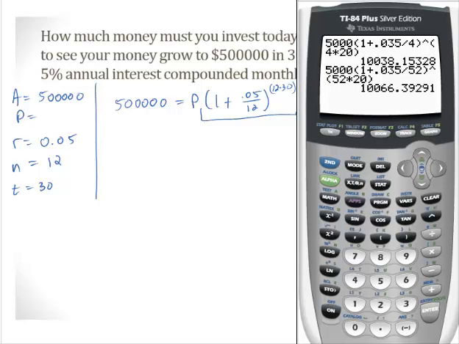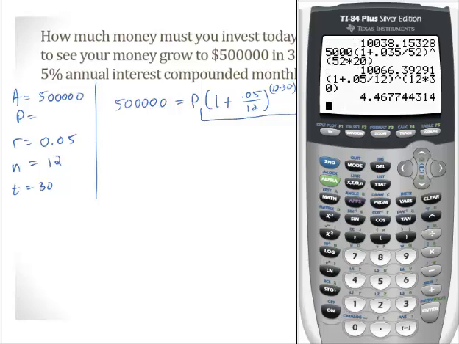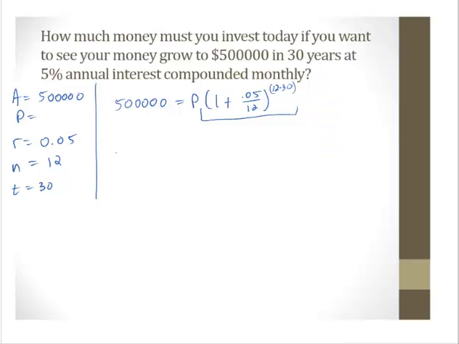So I have 1 plus 0.05 over 12 and raise that to the 12 times 30. All right, so that's that number. So what this is saying is 4.4677. So 500,000 is equal to P times 4.4677.